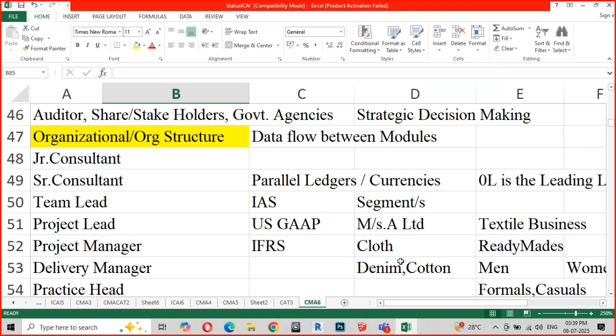Each of the accounting requirements definitely varies from one country to another. So how do you achieve this in SAP? My company is the same, business is the same.